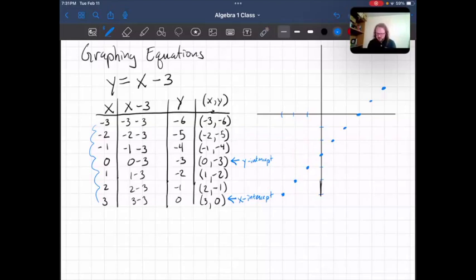Or if I've got a point here and a point here, but then another point here, I probably did some math wrong. And these should always be in a straight line, but that straight line can be really steep or it can be really flat. And we'll get to that in a minute. Okay, so I've definitely got enough points to connect the dots here. And then on the ends, I'm going to put my arrows.